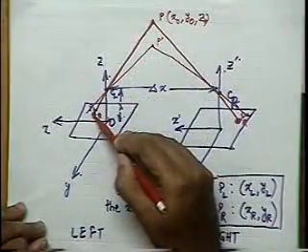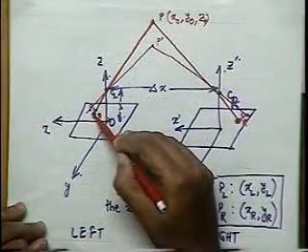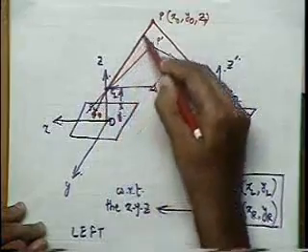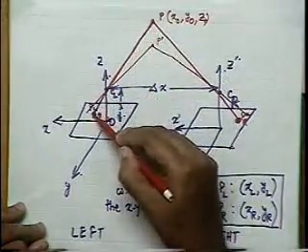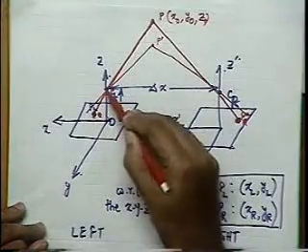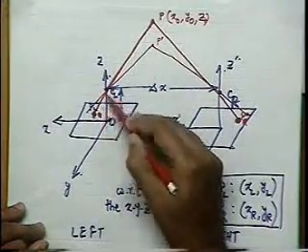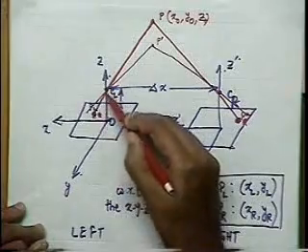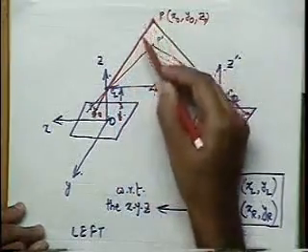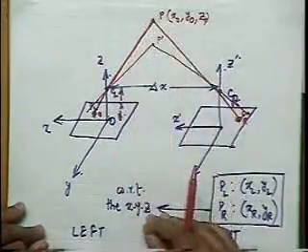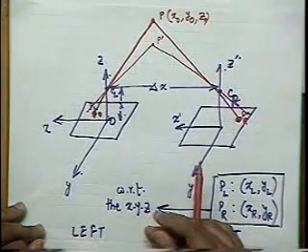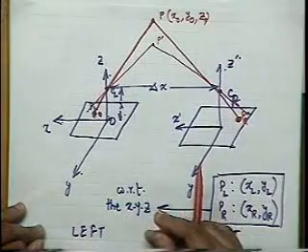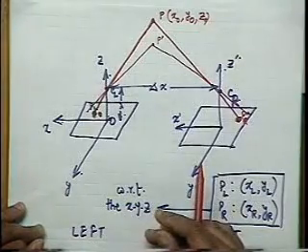Now we have a point PL over here, and corresponding to the point PL we have this CL. CL is the optical center of the left camera. PL and CL we are joining, and we are extending this straight line. Now this straight line, or rather the ray, is naturally a straight line in the three-dimensional space.